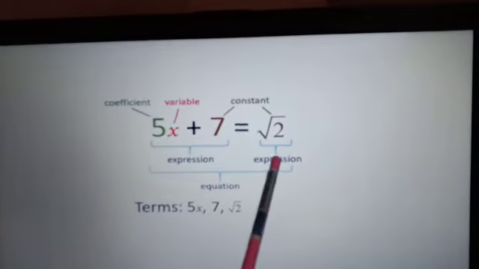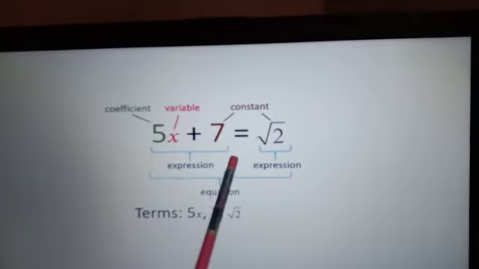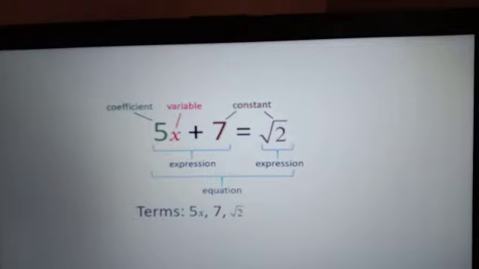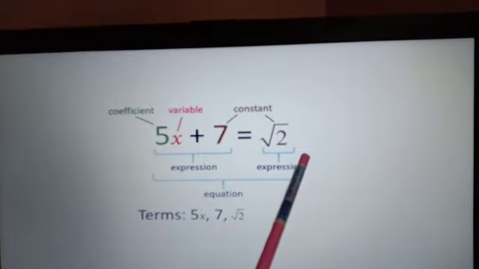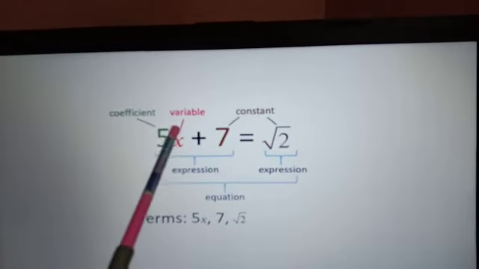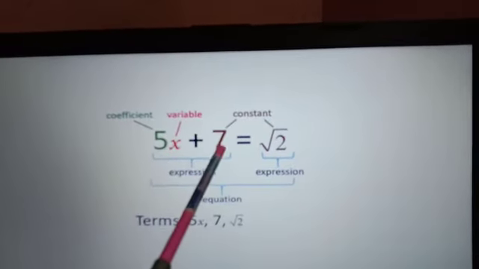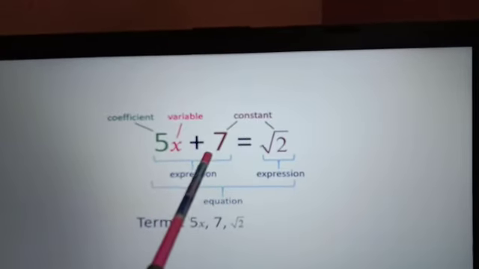See, this is also an example of an equation: 5x plus 7 is equal to root 2. This is one expression and this is another expression. An expression consists of variables and constants with the basic operations.